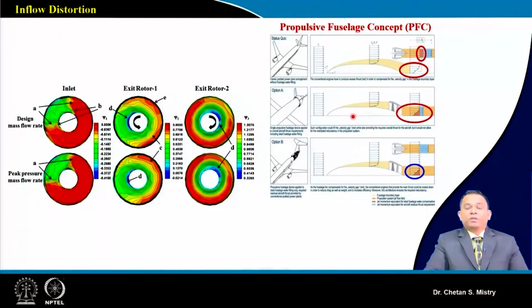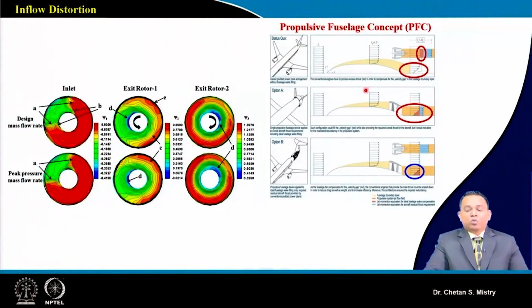Now, people have explored the possibility of putting the engine on the rear side, near the trailing edge of the aircraft, like this. That acts to minimize the effect of boundary layer growth in this configuration. Again, the thrust generated by this engine is not sufficient, or it is less.